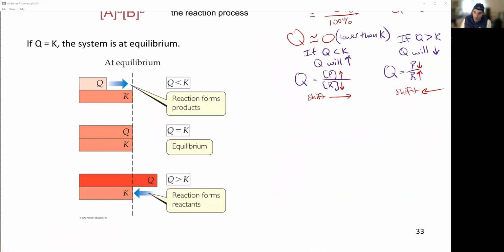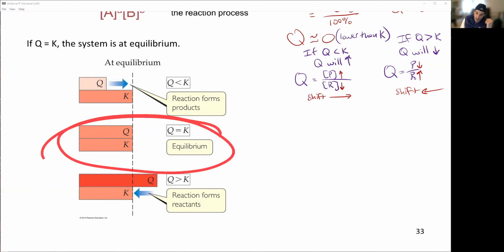It seems all very intense, but this is our Q and K idea. If Q is smaller, Q is always going to increase to get to K. If Q is larger, Q is always going to decrease to get to K. The reaction quotient is the equilibrium expression at any point other than equilibrium. Everything will always go to equilibrium.